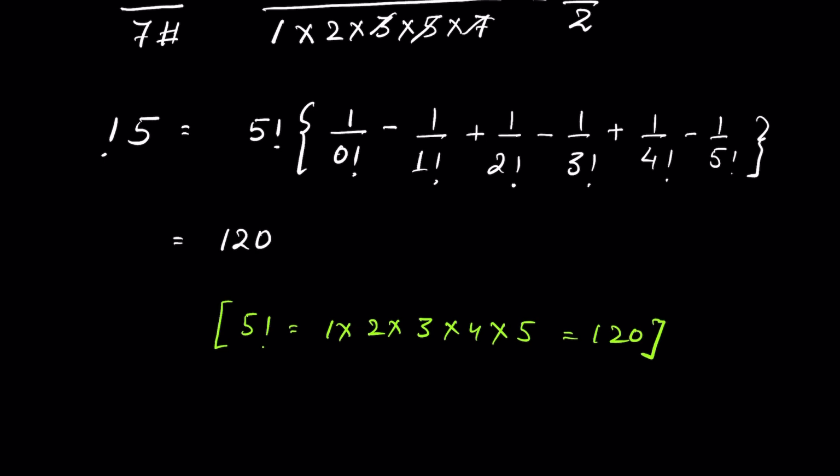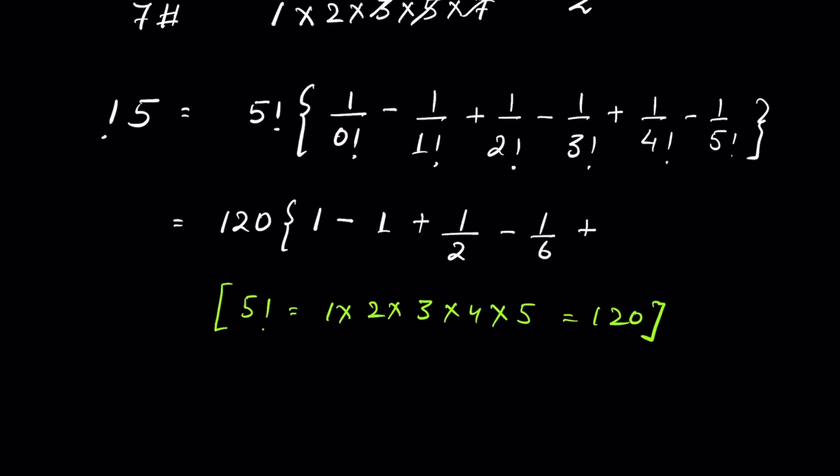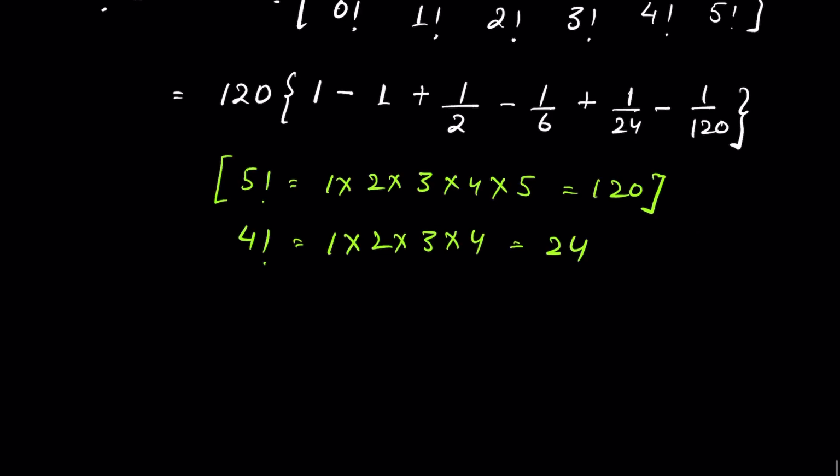So we can write 120 here, 120 here. 1 upon 0 factorial equals 1, minus 1 upon 1 factorial equals 1, plus 1 upon 2 factorial means 1 upon 2, minus 1 upon 6, plus again 4 factorial equals 1 times 2 times 3 times 4 equals 24. So we write 1 upon 24, minus 5 factorial is 1 upon 120.